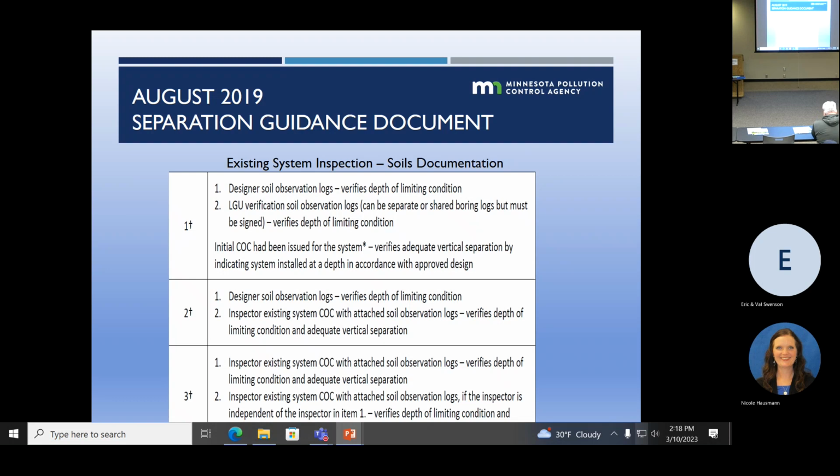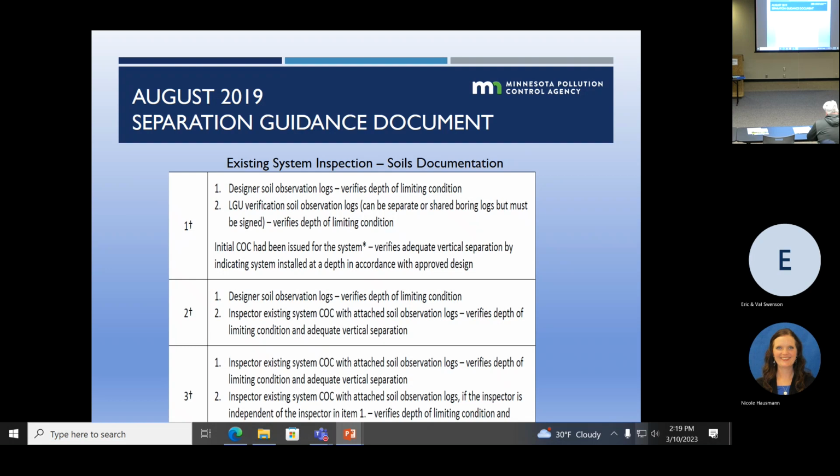So there is a little bit of a nuance here. This is August of 2019. And you'll see the second bullet point, I believe it is: LGU will determine whether the available records are acceptable to be used. So that's kind of one of those points where you can say, well, okay, we didn't understand it maybe as well as we should have, so we weren't documenting exactly what we should have been documenting, but we know we were doing work.